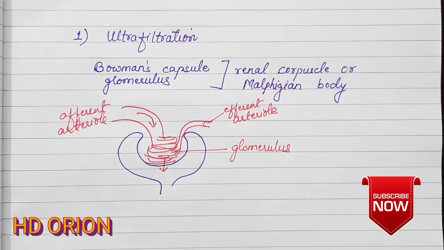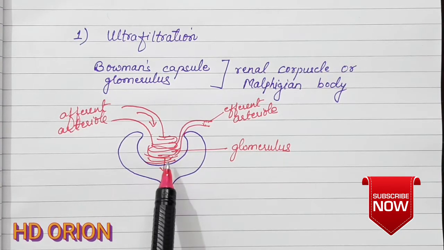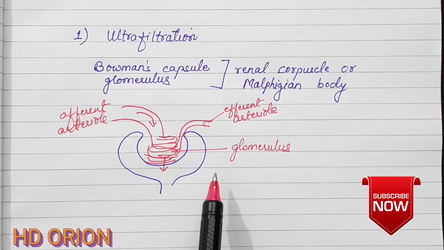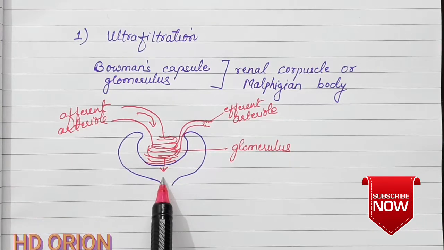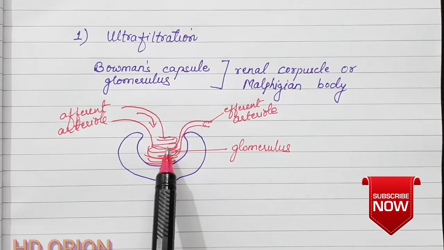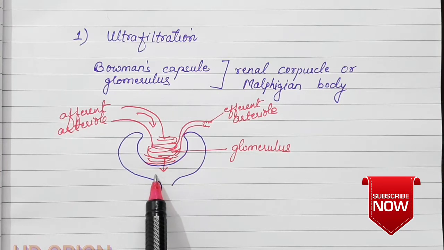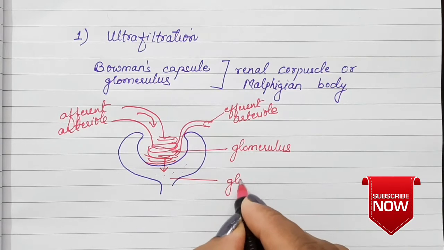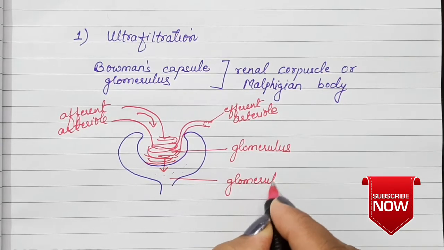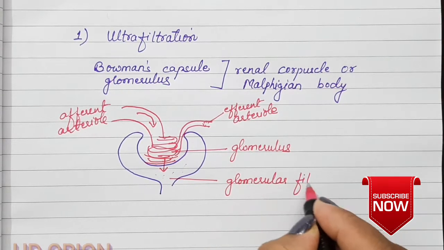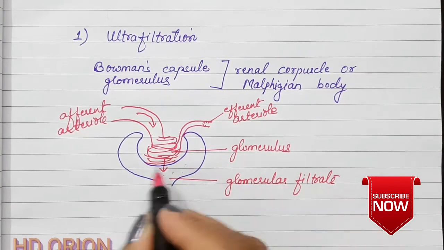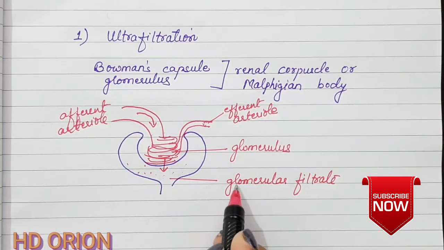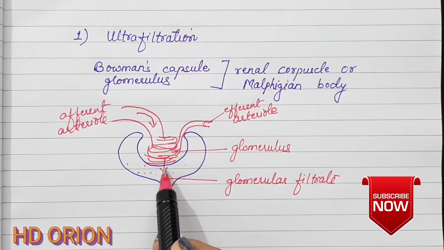Now there are several pressures present over here, which we will be seeing just now, due to which the filtrate is formed. Once the liquid part of the blood gets filtered, it is over here, and we call it the glomerular filtrate. The glomerular filtrate is present over here, and this has been formed from this blood itself.